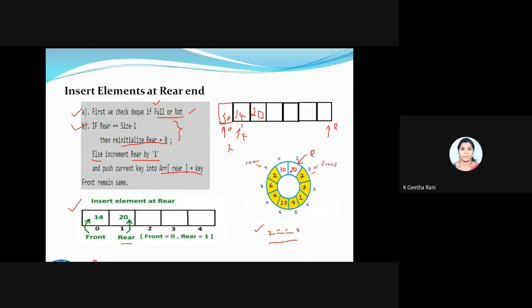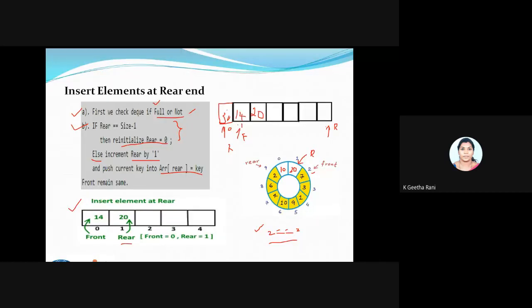The second is, if my rear reaches the maximum size, reinitialize your rear, then put your value, because it's a circular array. The third one is as usual: if there is already an element in the queue, just increment the rear pointer. That's more than enough to put the value. So these are the steps for inserting an element at the rear end.